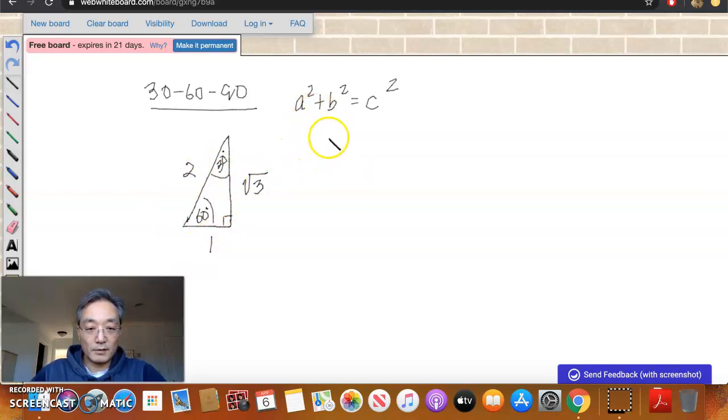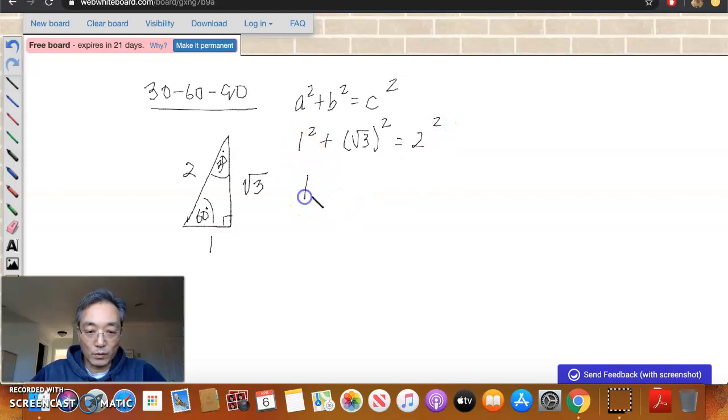And now let's take a look. So if I take the 2 legs and I square them and I add them, it's going to be 1 squared plus radical 3 squared, then this should equal the hypotenuse squared, which is 2 squared. Okay, let's see if it works.